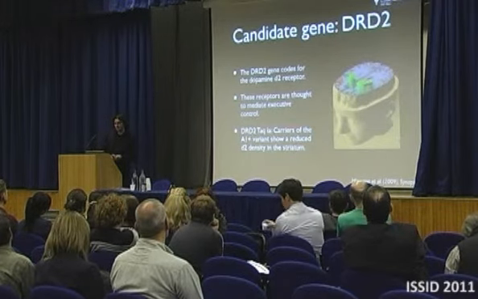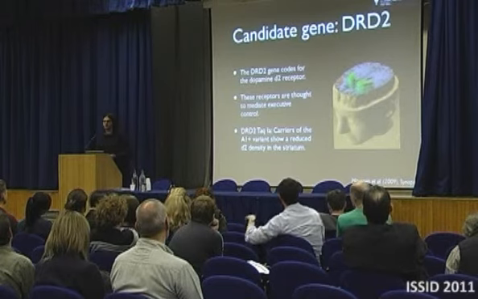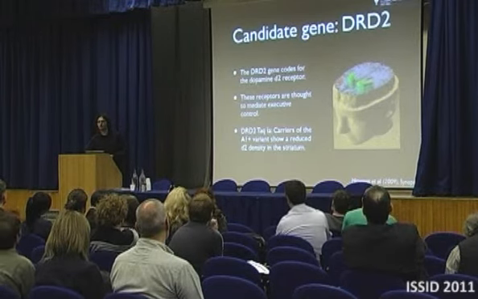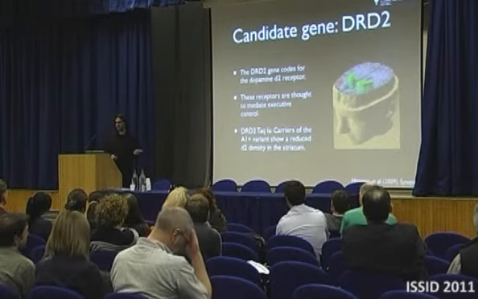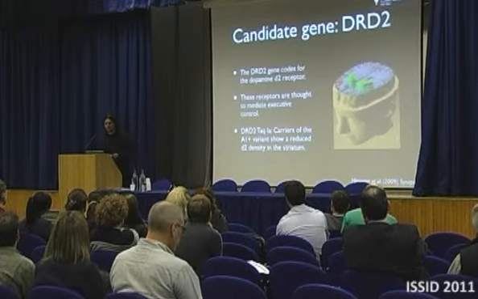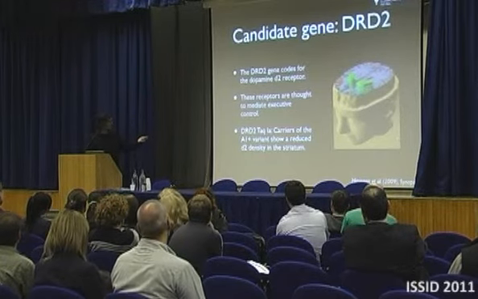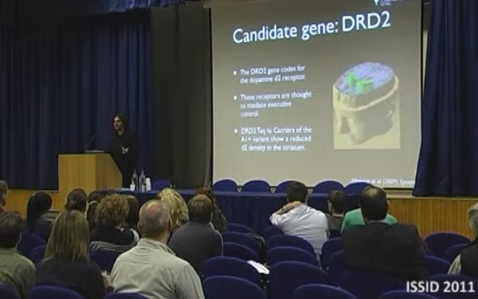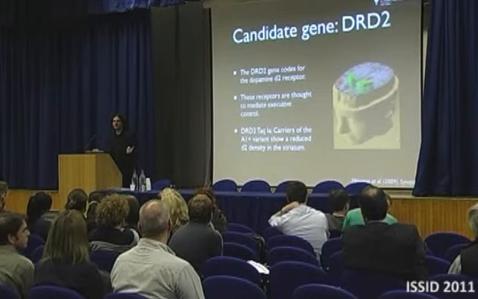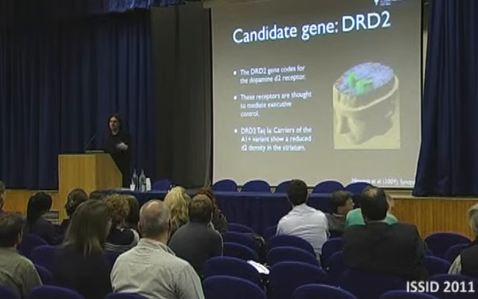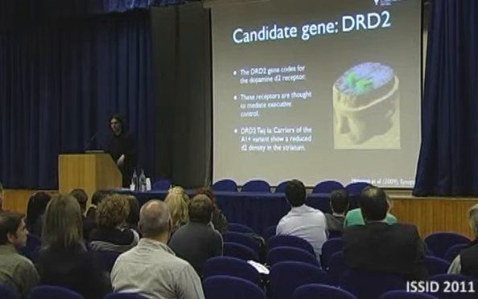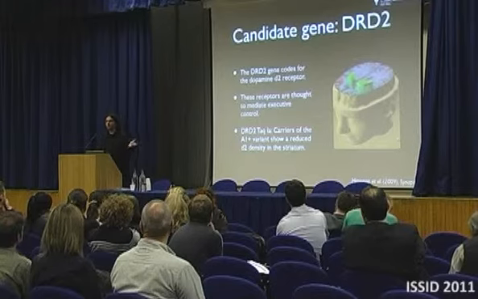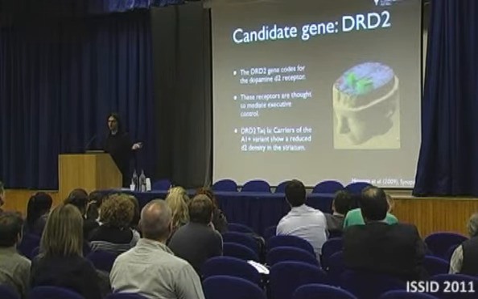And these receptors, the dopamine D2 receptors, are thought to mediate executive control. So that's the first reason we focus on this gene. And it was shown that for this polymorphism, the TaqIA polymorphism, the A1+ variant is associated with a decrease in receptor density in the human striatum. So this is a functional variant, and we can compare participants carrying this A1+ variant with those who don't.